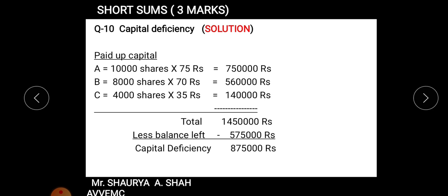Fine. Again, 30 seconds to note down the sum. Those who have not yet done it, kindly note this down very quickly and understand the points.